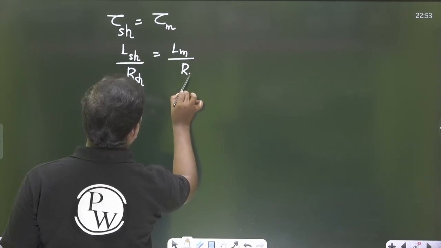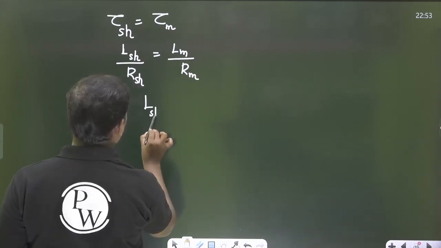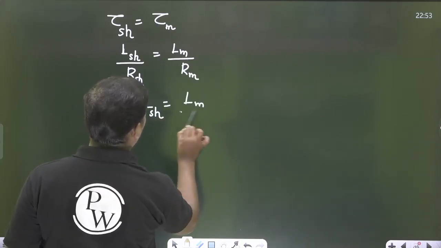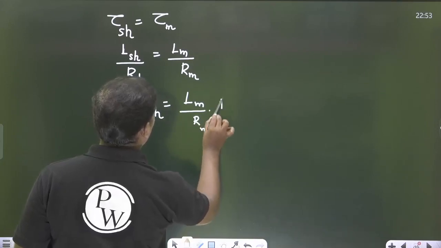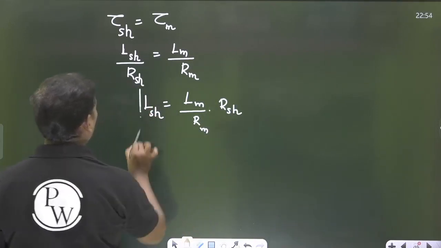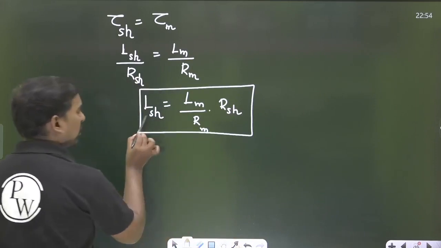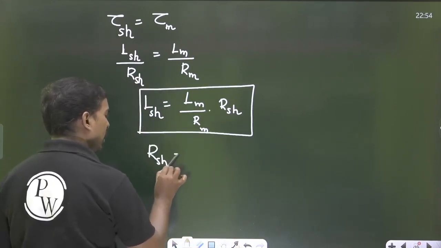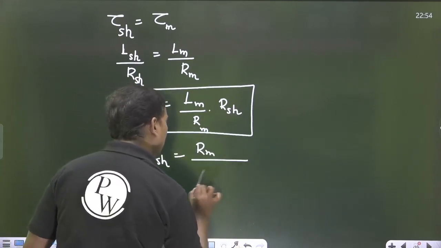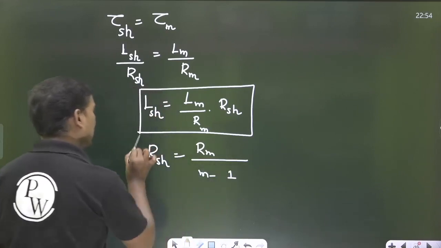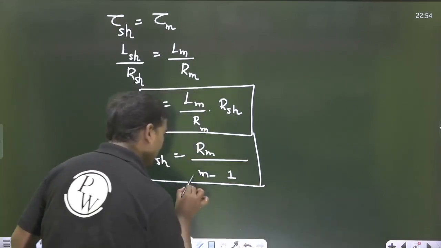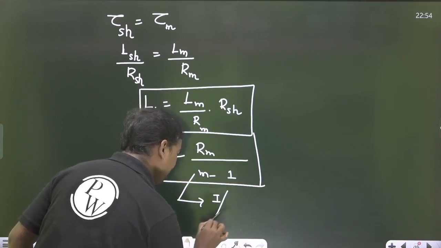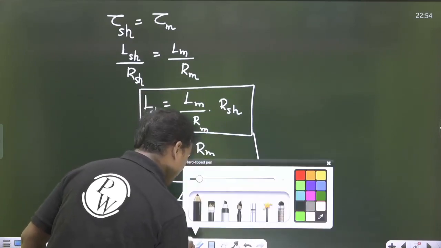So once you know the shunt resistance, you get all the shunt components. Please remember this expression for RSH, very important.